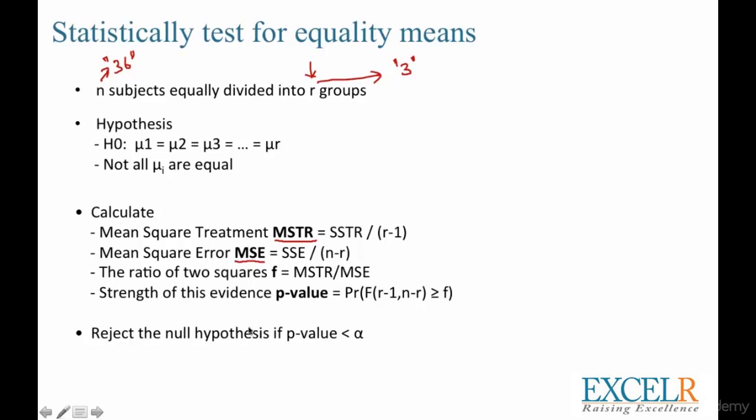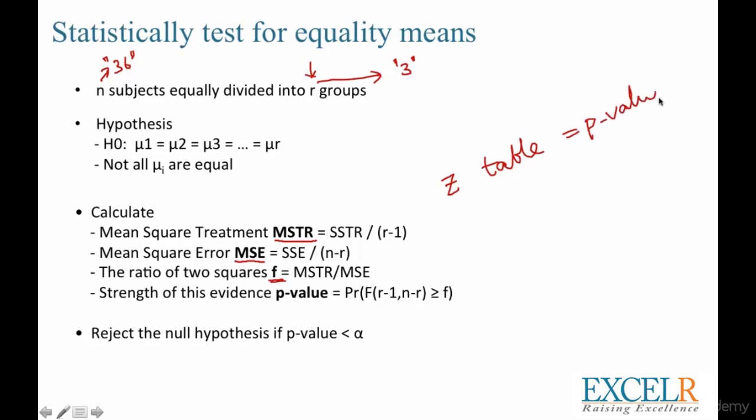And if you take a ratio of this, you would get a value called F distribution. We will discuss about this when we discuss about linear regression. These values will come up. And from this F value, we have already done this. We looked at the Z table to calculate the p-value.